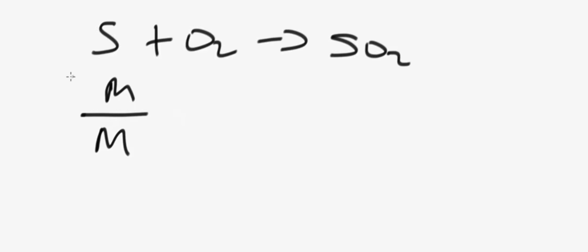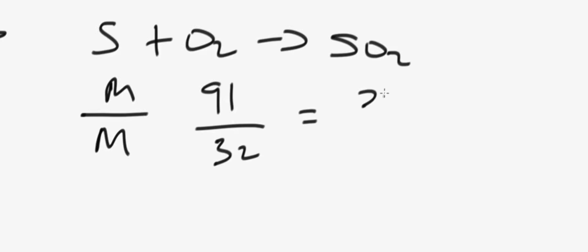So the mass of oxygen we have it to be 91 gram over the molar mass of oxygen will be, since we have the relative atomic mass of oxygen to be 16, and we have 2 atoms of oxygen here, 16 times 2, that's 32, equals the mass of sulfur oxide, which we are looking for, over its molar mass.